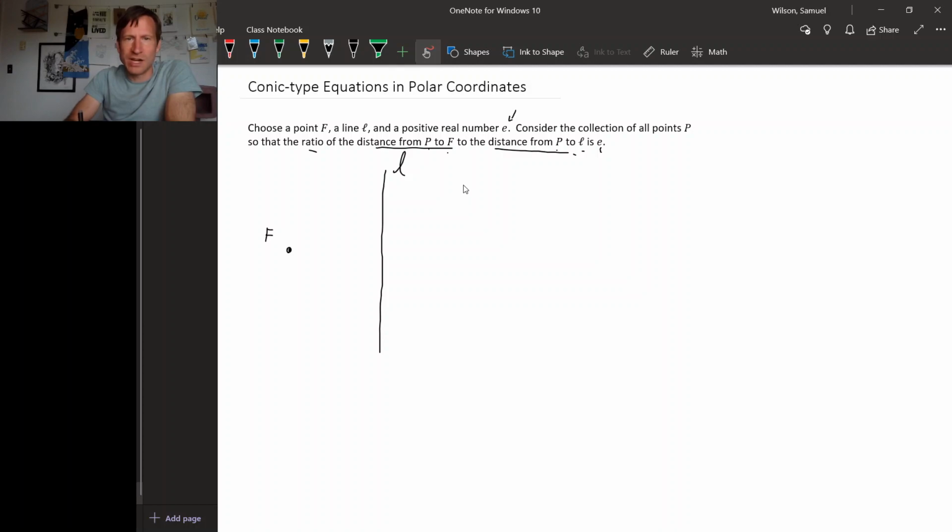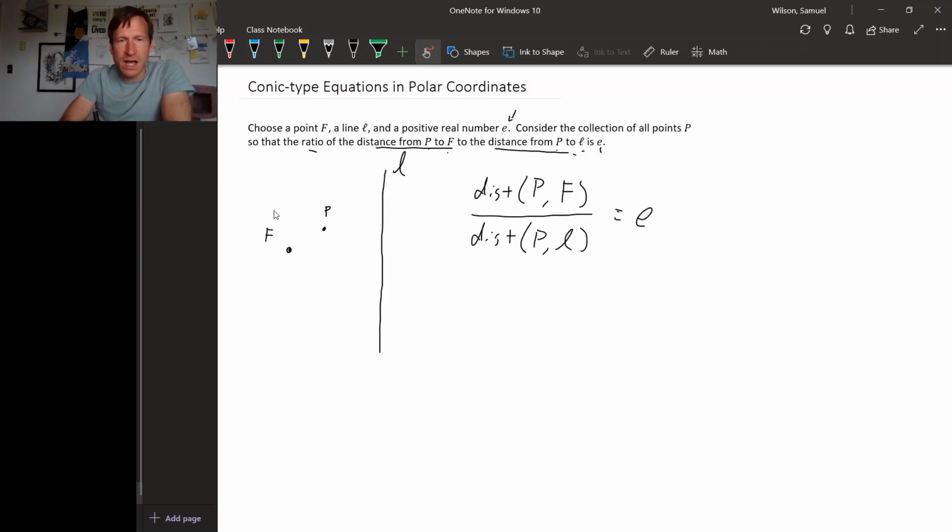So the ratio of the distance from P to F, since there's some collection of points that we're describing, and the distance from P to our fixed point F, divided by the distance from P, our variable point P, to the line L. This ratio is supposed to be E. In general there will be lots of points that satisfy this equation, and the curve is made up of all of those points.